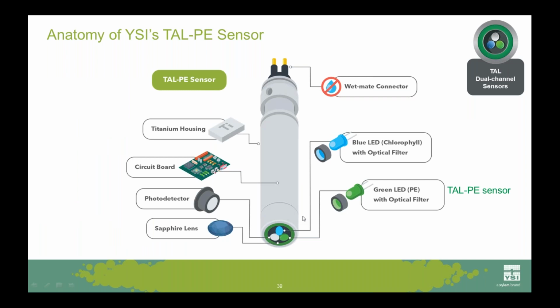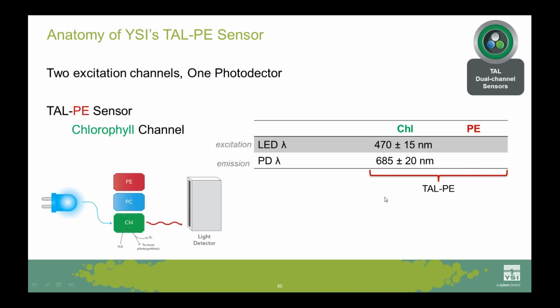Now, the total algae PE sensor works pretty much the same way. And since most of this audience is interested in the phycocyanin, we're going to go over this pretty quickly. The main difference is that you'd use a different LED to excite the phycoerythrin.